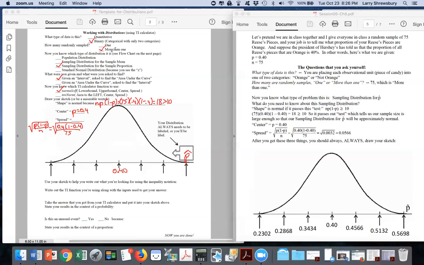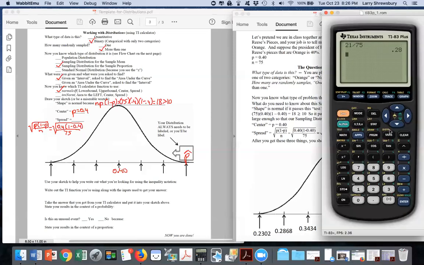Let me show you how I do that. So I'm going to do my 0.4 left parenthesis 1 minus 0.4 right parenthesis, and then divide by the 75. So that's what's under the radical square root sign.